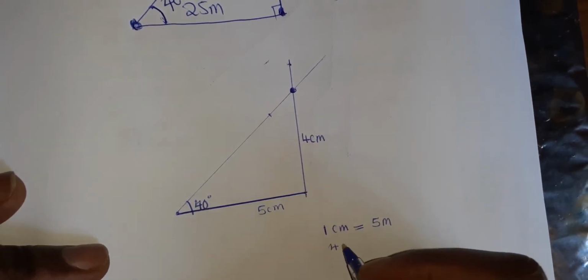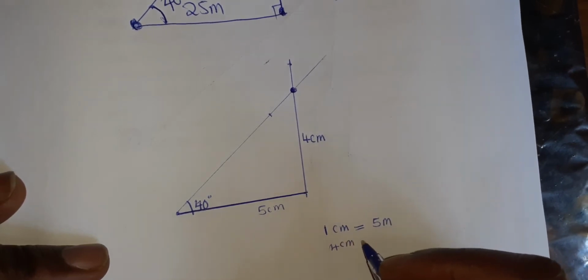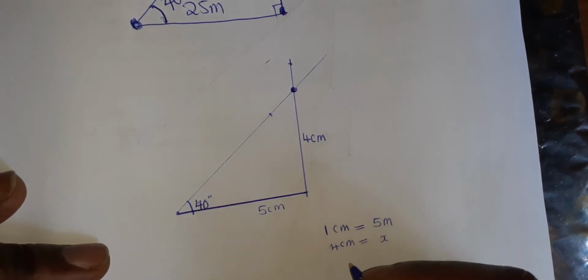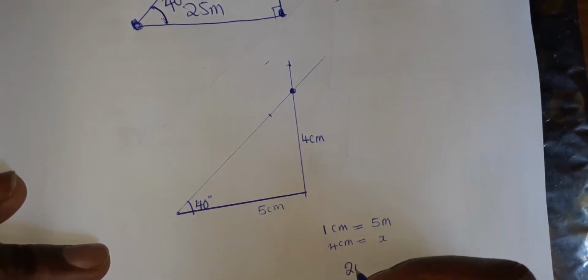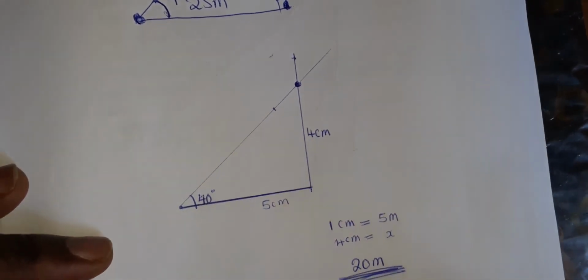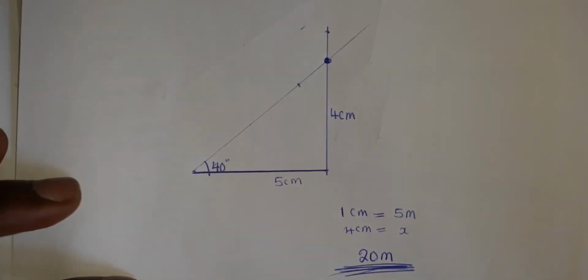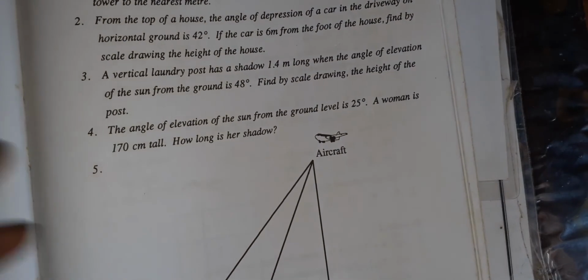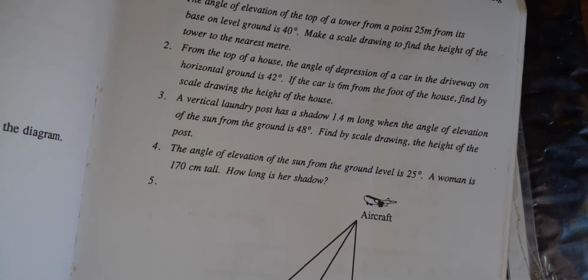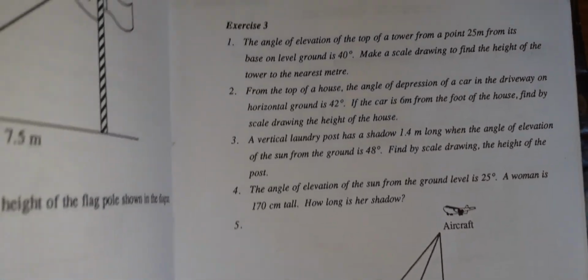Now here we have 4 centimeters. So we just have to cross multiply here. When you cross multiply, you're going to have 20 meters. So our answer will be 20 meters. That is the question that we are being asked here.